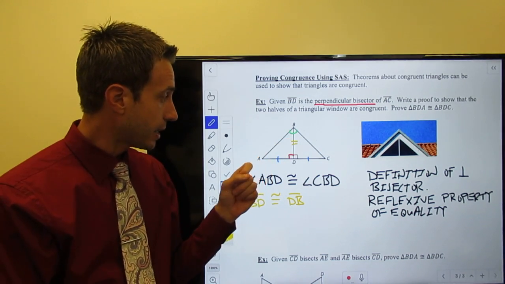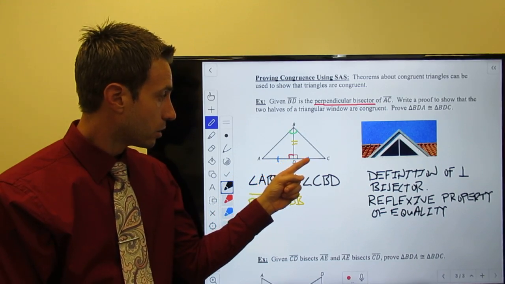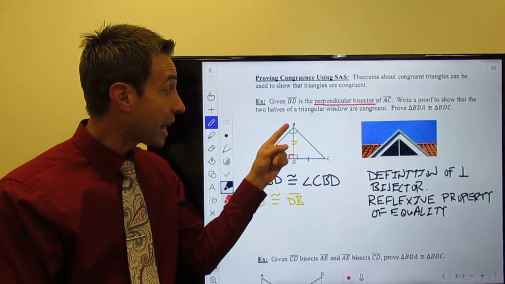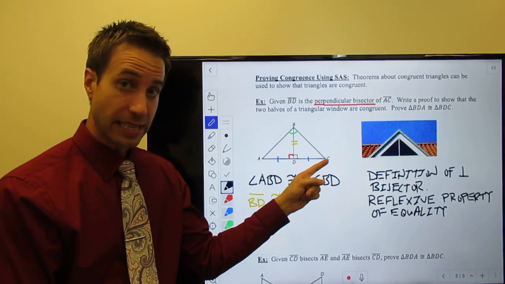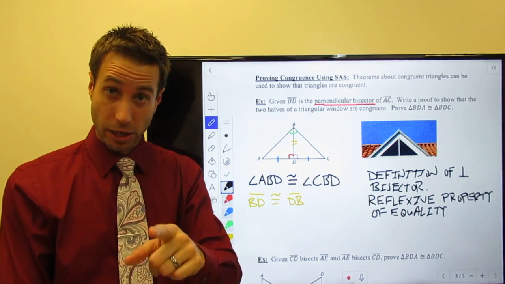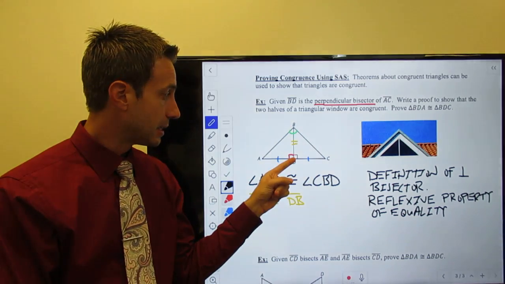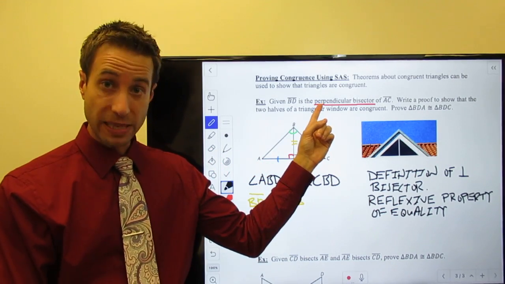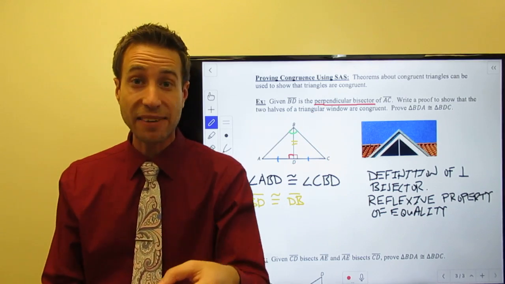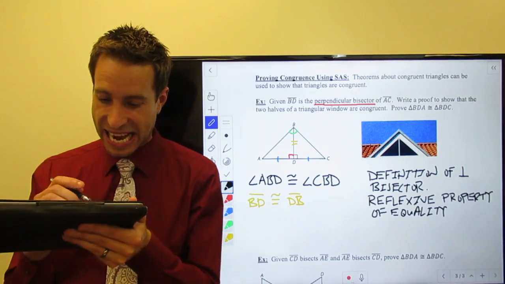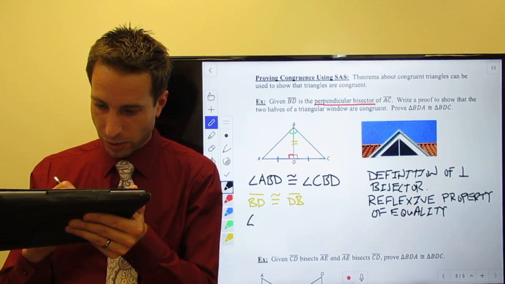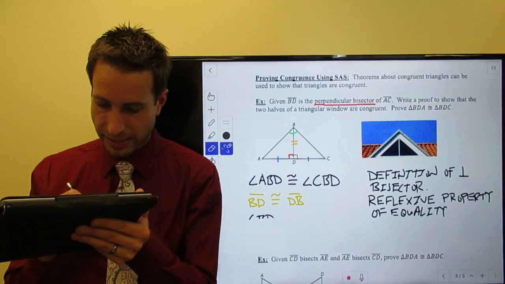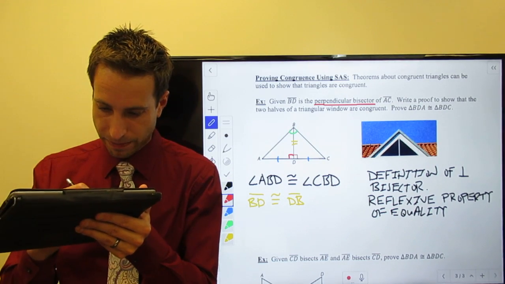Well, okay, one last thing then. Because I've got side, angle. Okay, so here we go. I know, look, check this out, that angle BDC is congruent to BDA. Why? Well, it's a perpendicular bisector. By definition, it must intersect at a 90-degree angle. So, actually, here, let me do it in red since I've got it in red in my diagram.